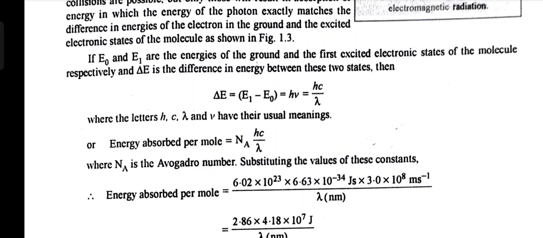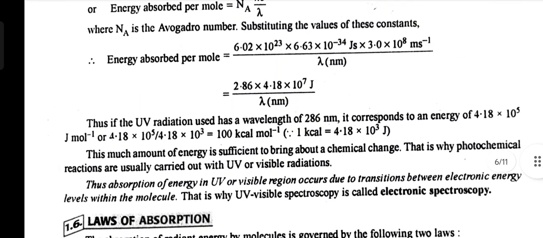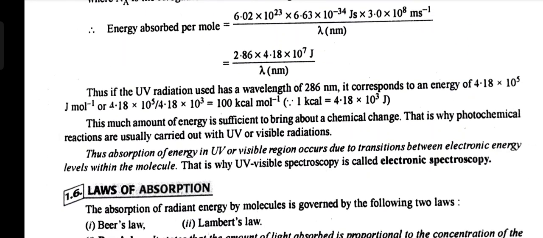Or energy absorbed per mole equals N_A hc upon lambda, where N_A is the Avogadro number. Substituting these values of constants, we get the energy absorbed per mole. Thus, if the UV radiation used has a wavelength of 286 nanometer, it corresponds to an energy of 4.18 into 10 to the power 5 joule per mole.